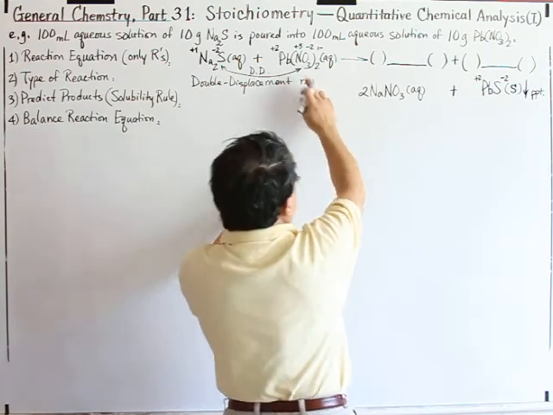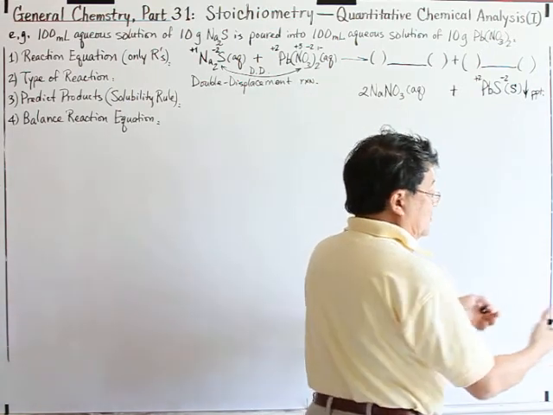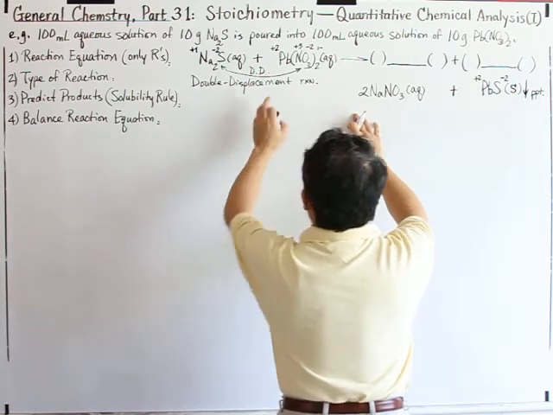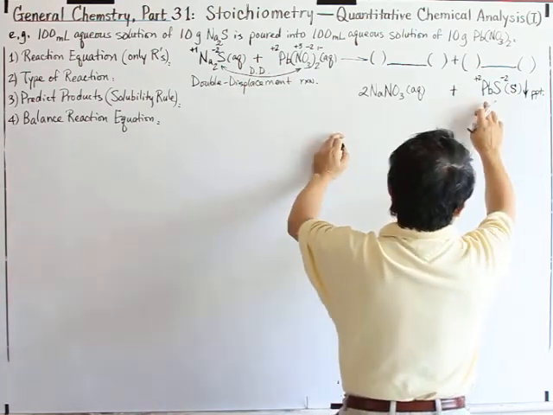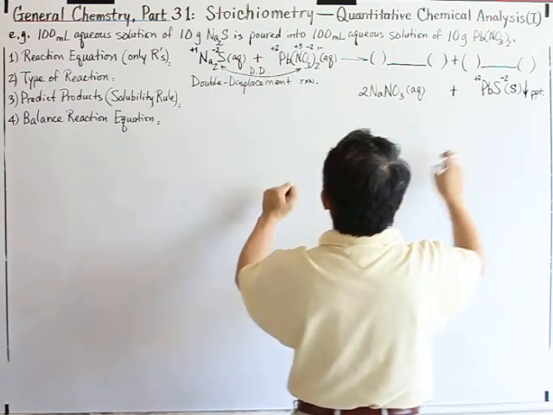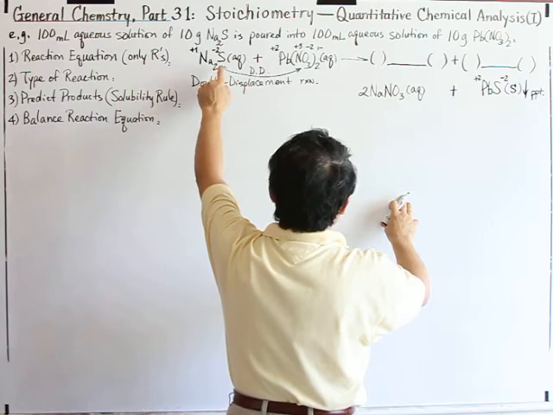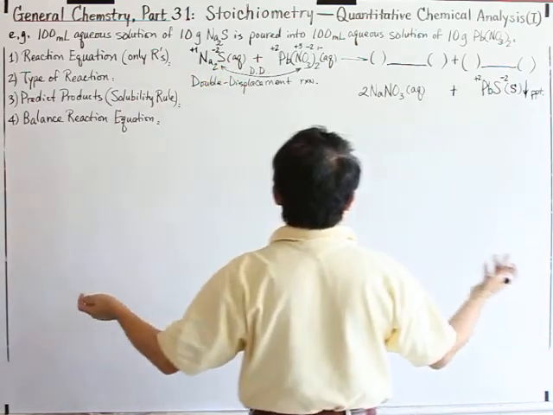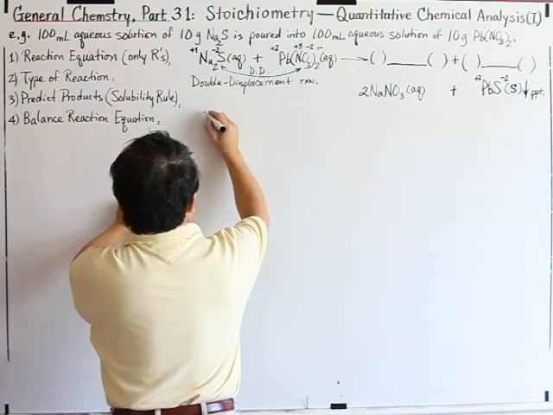So nitrate is also balanced during the process. Then check the lead. Lead is 1, and on the other side is 1, so it's okay. And the sulfur is 1 right here, so it is balanced. The balanced chemical reaction is going to be what?